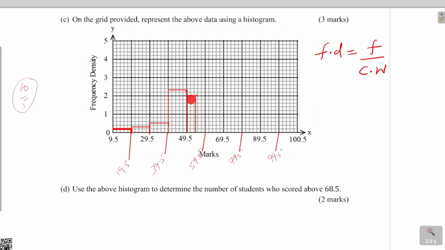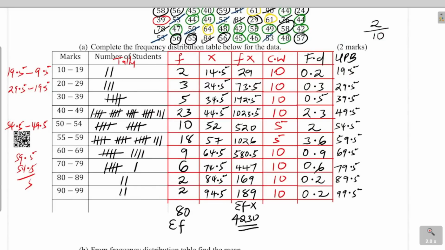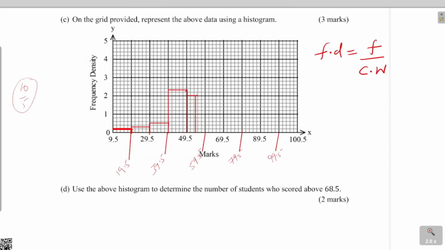So this is what you should get. Then the next one is 59.5, with frequency density 3.6. So 3.6 will be, moving up like that.